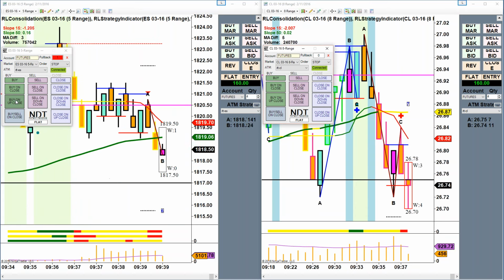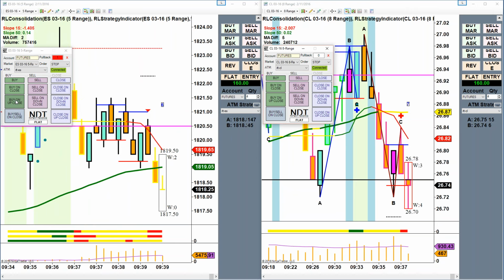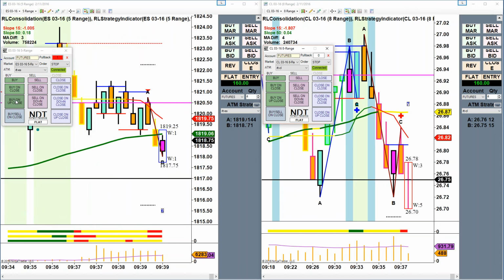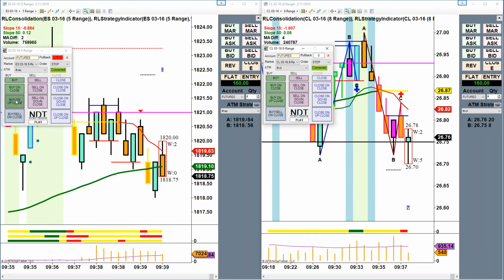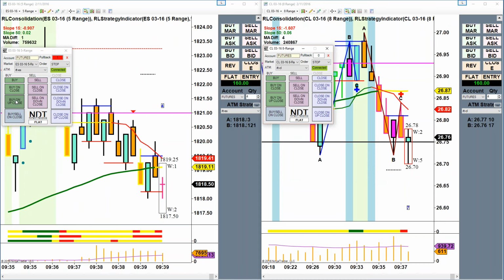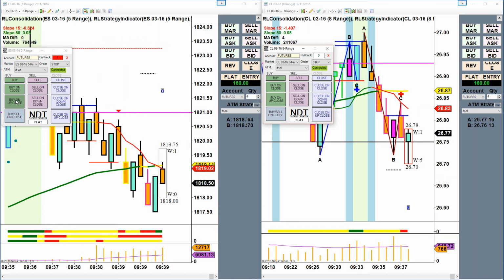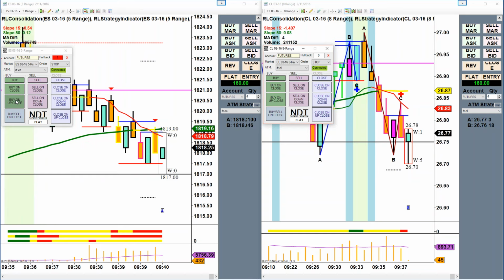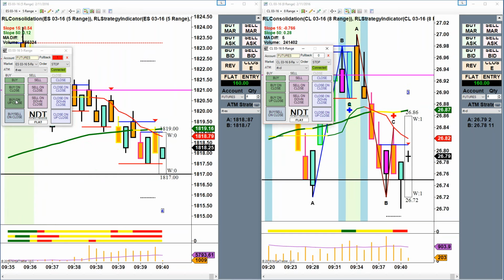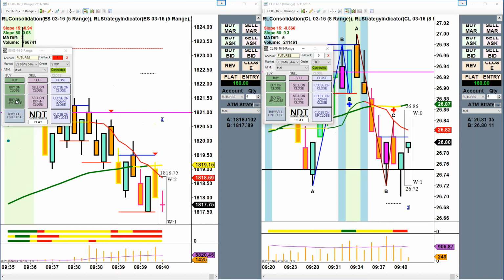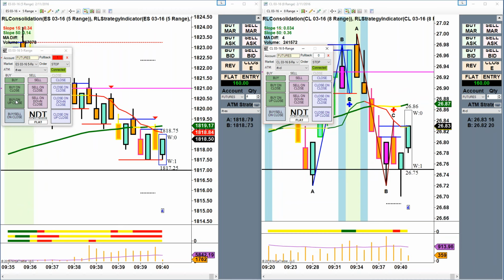Now, if we get an up close on crude and then a continuation short, we have a potential trade. The market's very choppy.